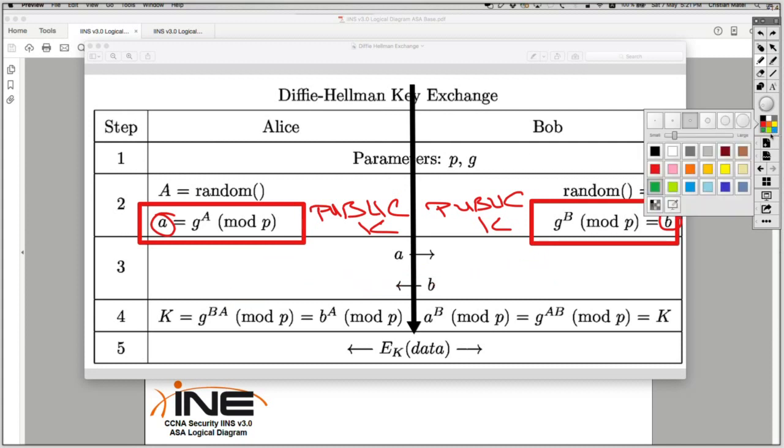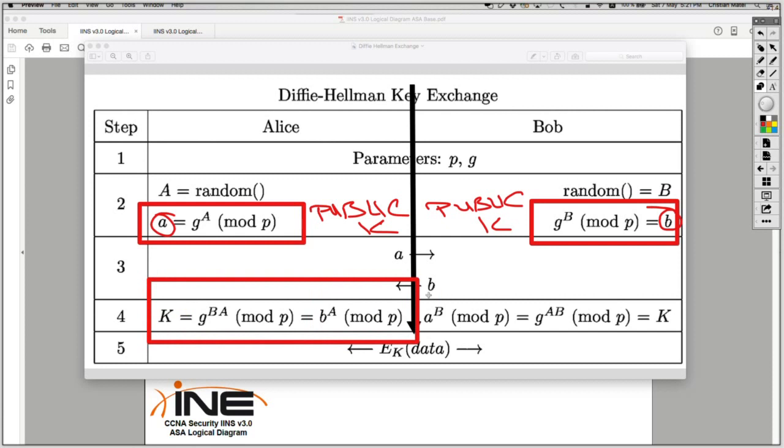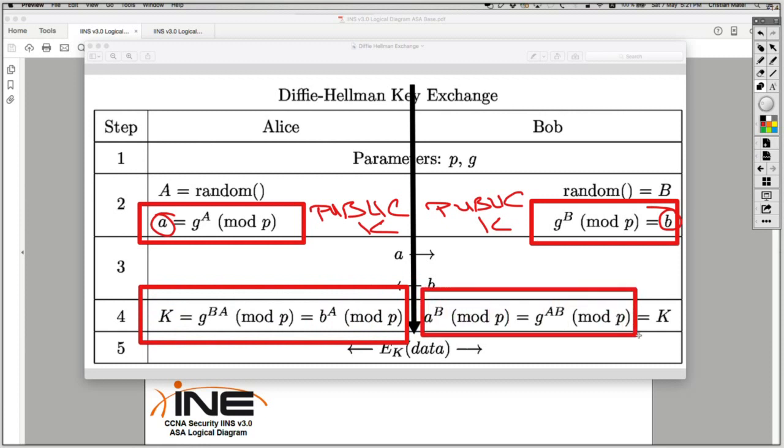Both of them then do another mathematical formula, a logarithmic formula, using the other side's public key, the local side's private key, and the P and G numbers.